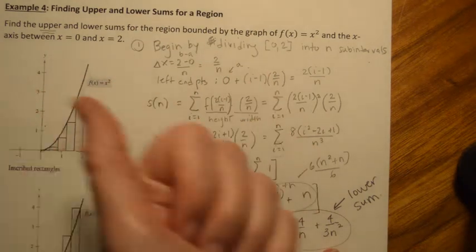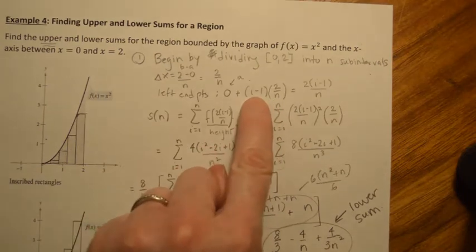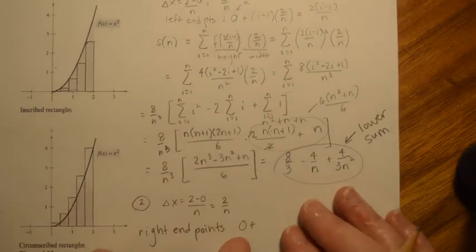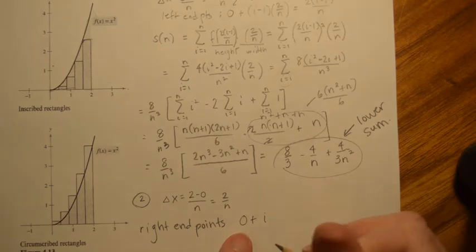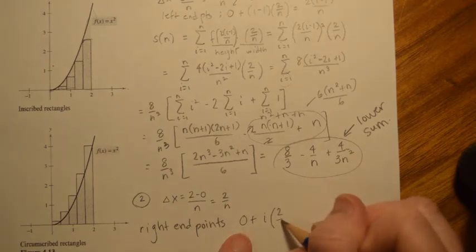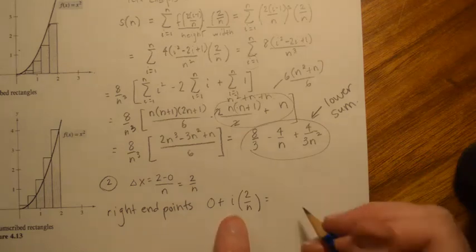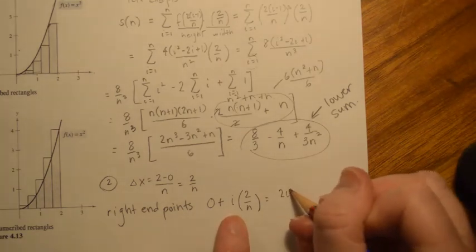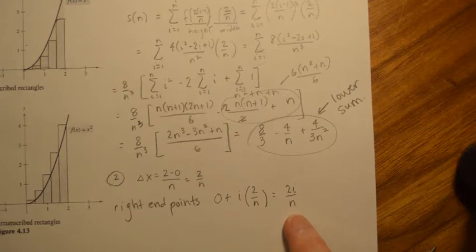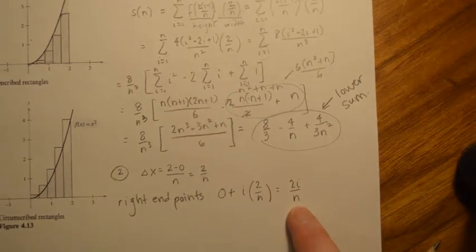If we go to the left, we need to back up, which is what that minus 1 was for. But here we don't need to do that, so this is just i times 2 over n. So when we talk about the right endpoints, it's just 2i over n. That should make our multiplying a little bit easier as we go through this.